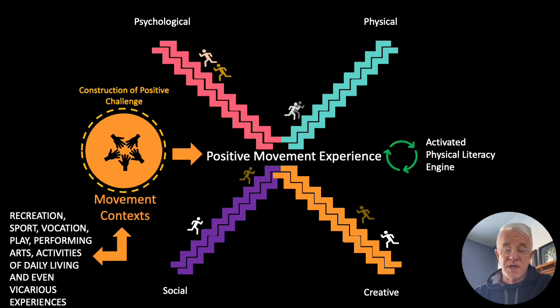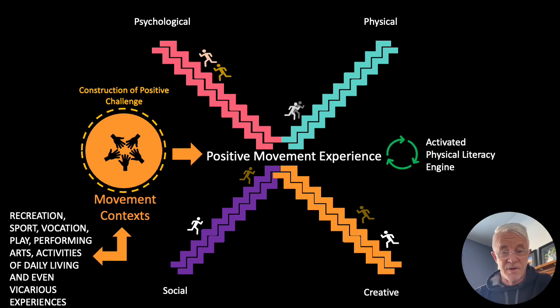So in those movement contexts, we like to pose to you the notion of constructing positive challenges. And construction of positive challenges is really a way to think about how do I design the environment, like we talked about on the last slide, how do I create the programs, and how do I train the people to deliver those programs and design the environments so that people can achieve a quality movement experience.